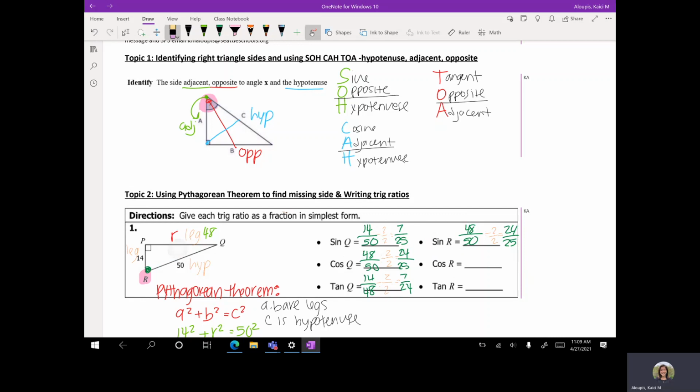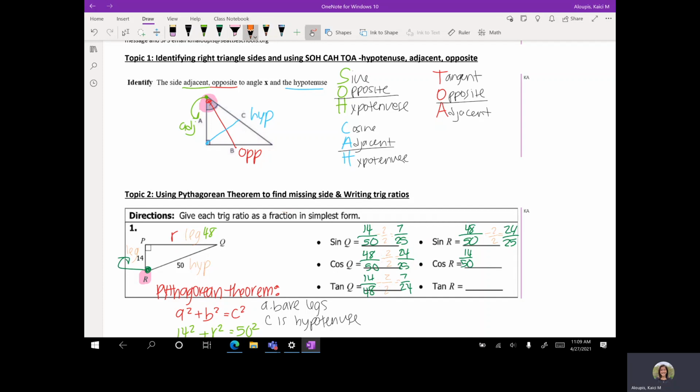So for the cosine of angle R, which is what we're trying to find out, cosine is adjacent over hypotenuse. And from angle R, the adjacent side is right here. This side is the adjacent side, the 14. And the hypotenuse is still 50. So 14 over 50.